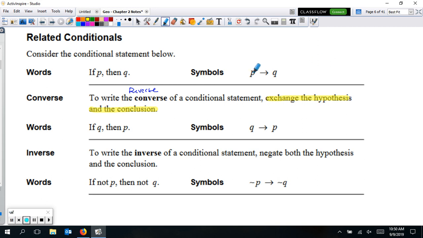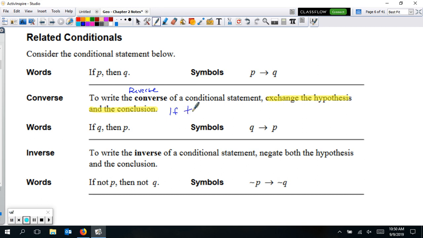So that's why normally it's going to say P then Q, like if P then Q. Well, it switched it now, and now it's if Q then P. So if the conclusion, then the hypothesis. So if we're going to use that same statement, let's write it here for this one. We would say if... Now remember the conclusion part was today being Thursday, right? Okay, that's what we wrote down.